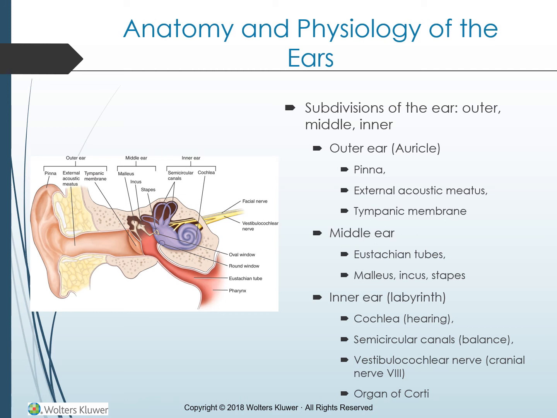The external acoustic meatus contains the glands that produce cerumen, a waxy substance that lubricates the ear canal, protects the eardrum, and helps prevent external ear infections. Chewing and talking help to move cerumen to the outer area of the external acoustic meatus, where it is easily washed away.